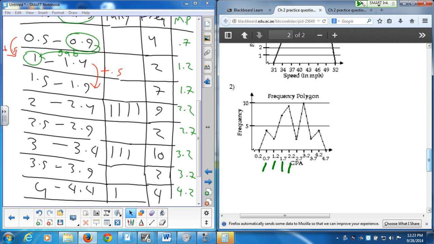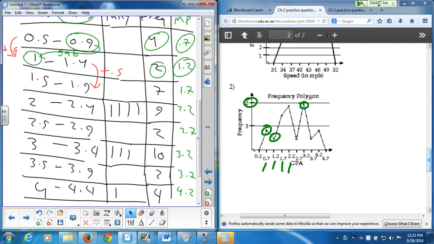And the frequencies are the 4, 2, 7, 9. The highest one is 10. This is the highest frequency here. Then you connect all these points together, and you get the frequency polygon.